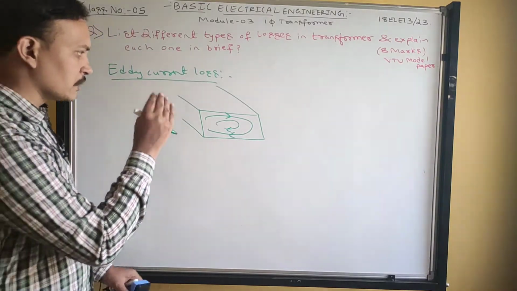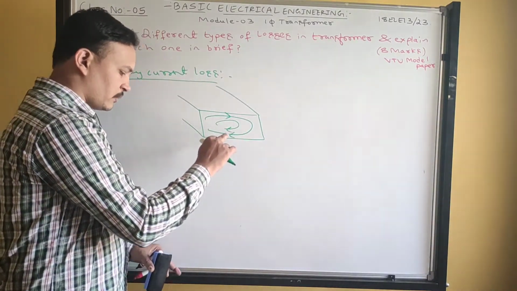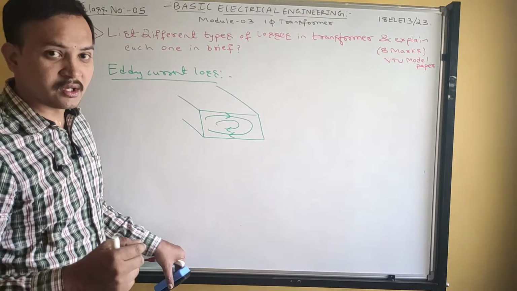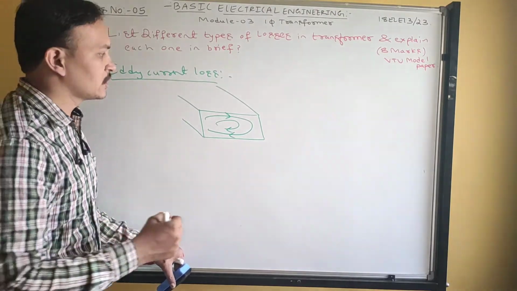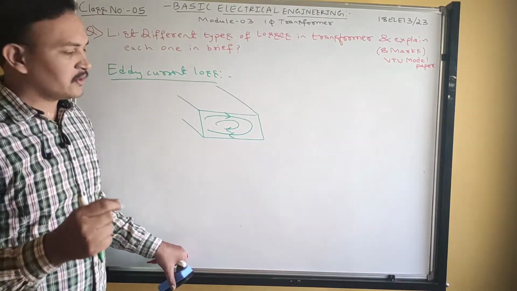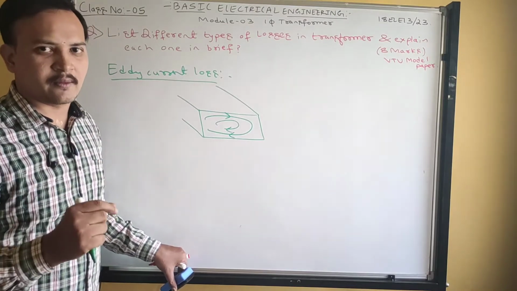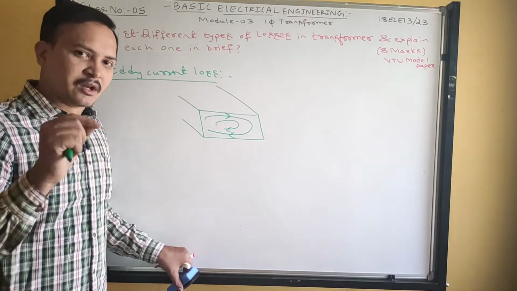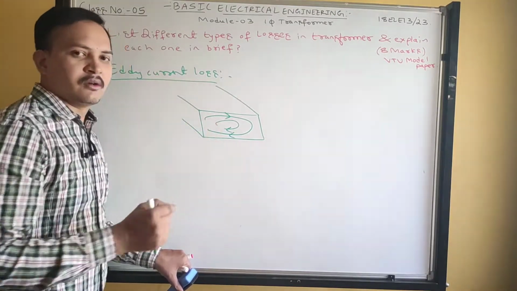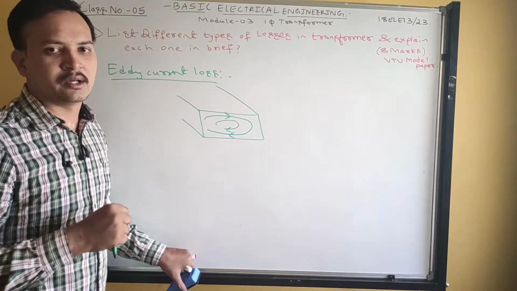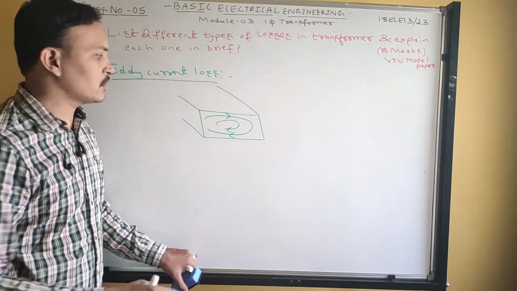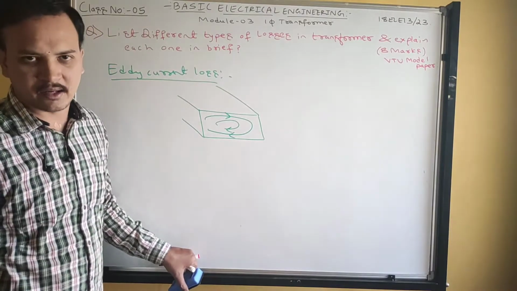Now I want to reduce this current, which produces high power loss. Why? Because the core material, preferably iron, has low resistance. The current passes faster and produces more losses because of the low resistance of iron.